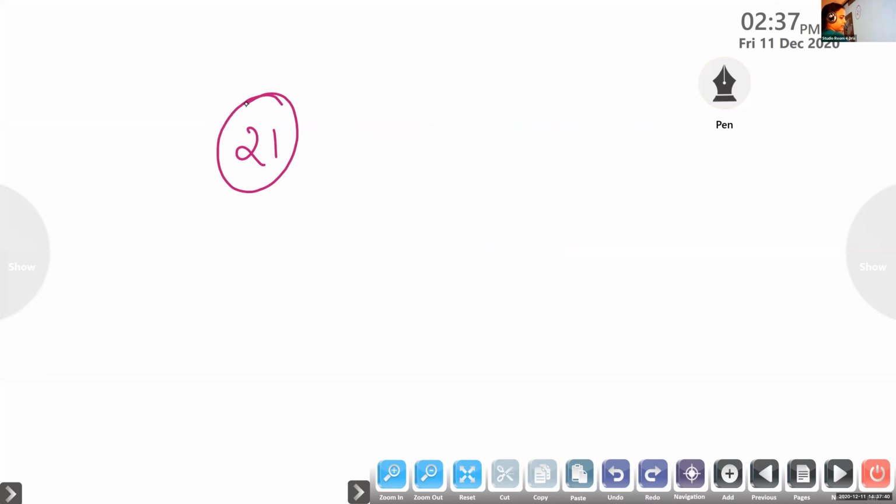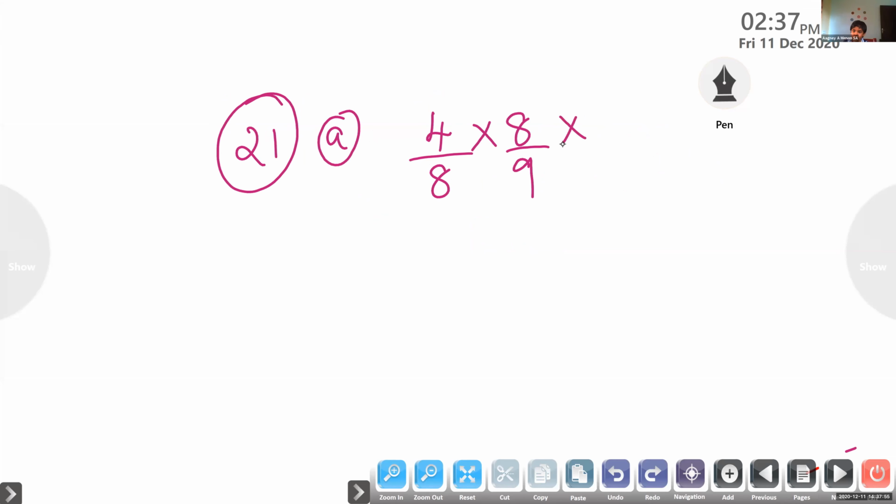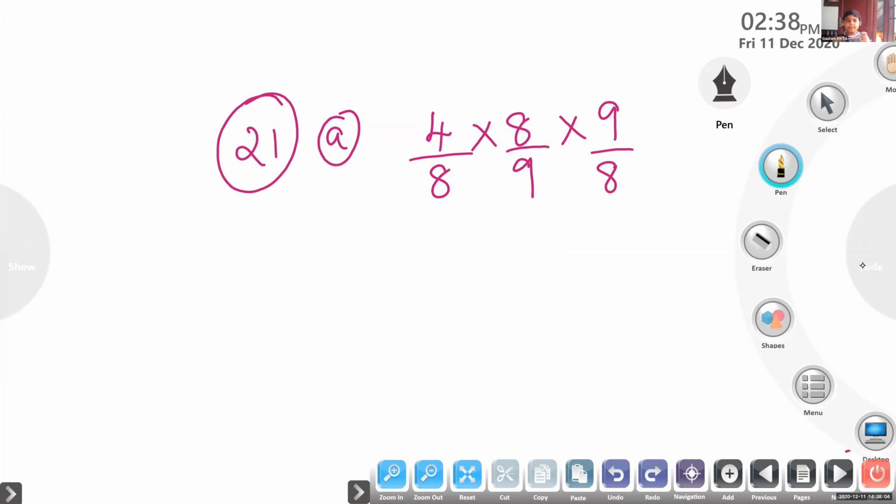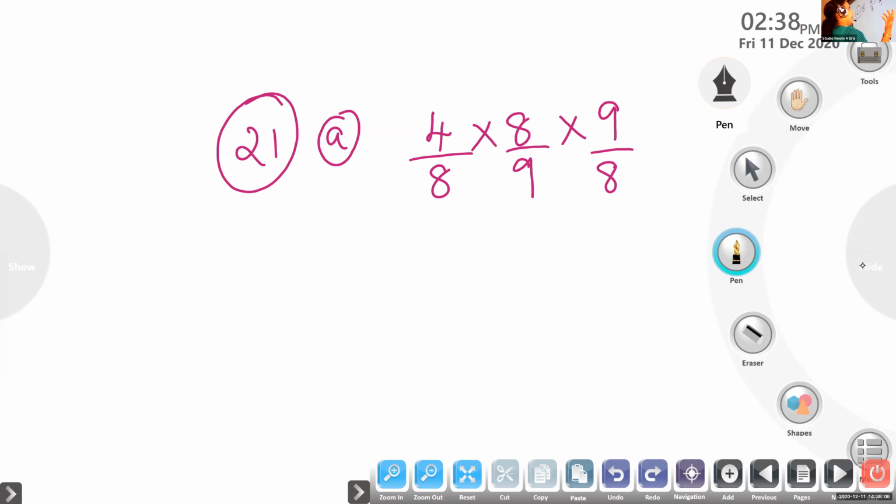Multiply 4 by 8, 8 by 9, and 9 by 8. Now it's easy for you to cut. Some numbers are there. Very easy. So 8 and 8, 9 and 9. Children, please check.